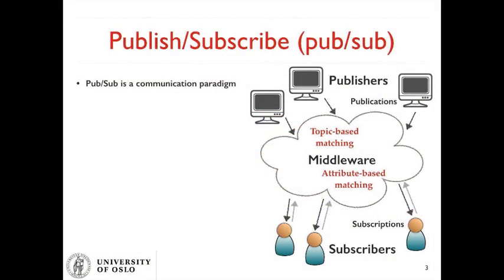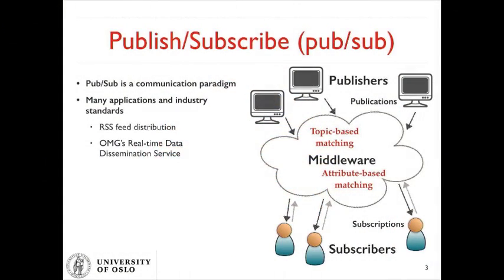There are typically two types of matching, like topic-based matching, where there are discrete topics against which publications are matched and delivered. There is also attributes-based matching, which is more commonly known as content-based pub-sub. So there are several industry standards and applications which are out there.